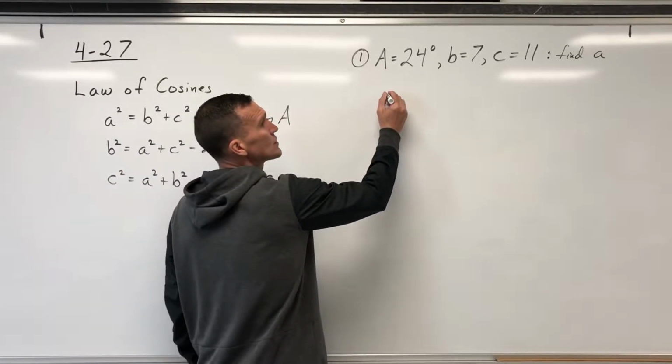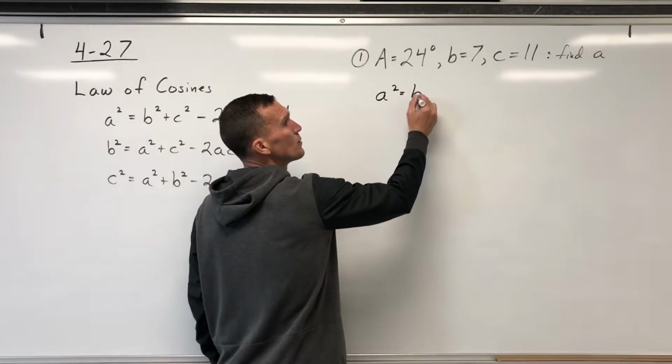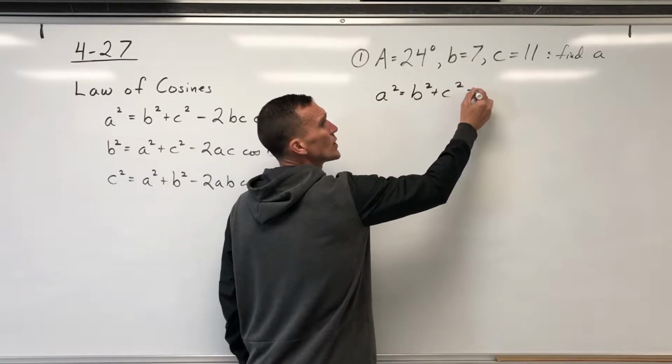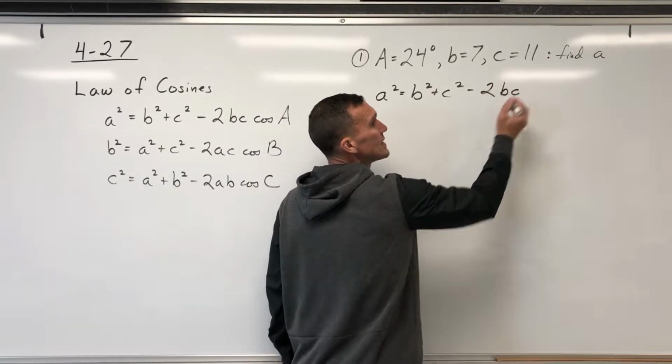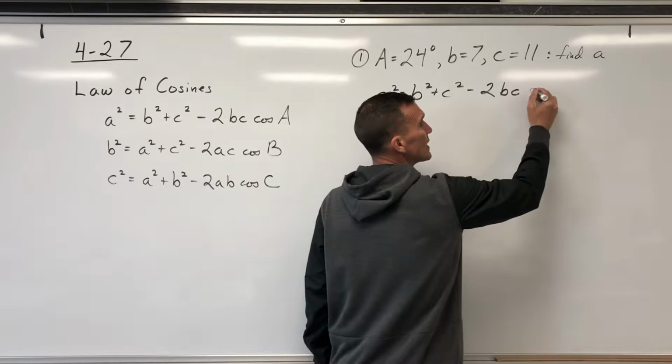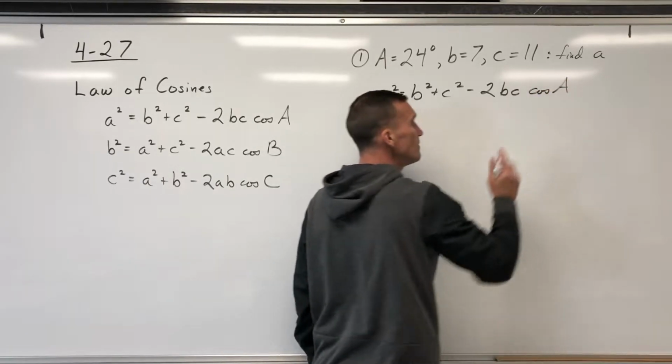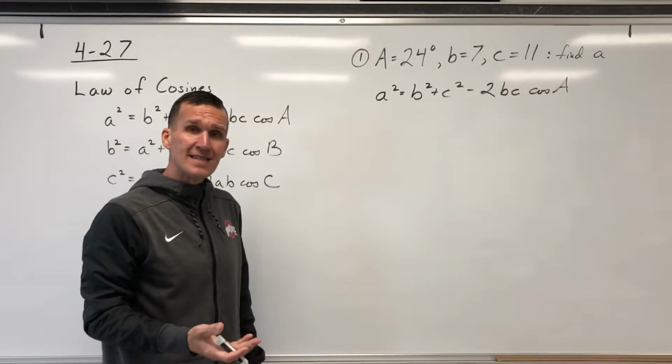First I'll rewrite that formula. I have little a squared is equal to little b squared plus little c squared minus 2 times b times c times the cosine of angle A. I'll plug in the pieces that I know.